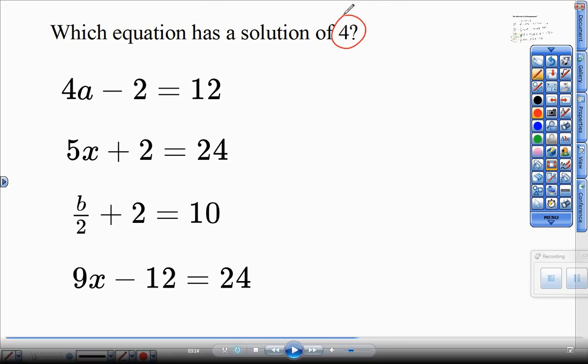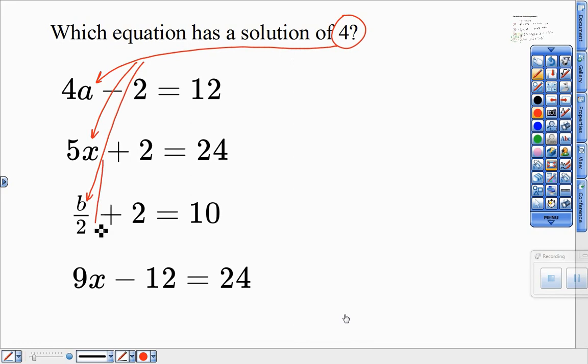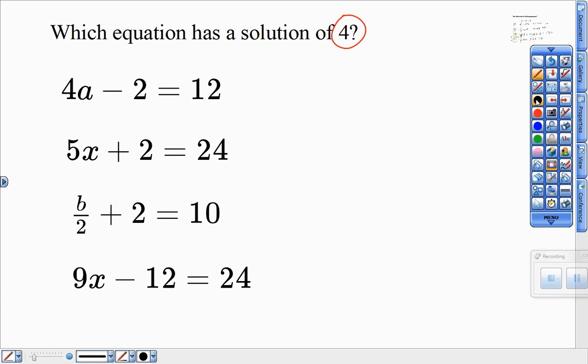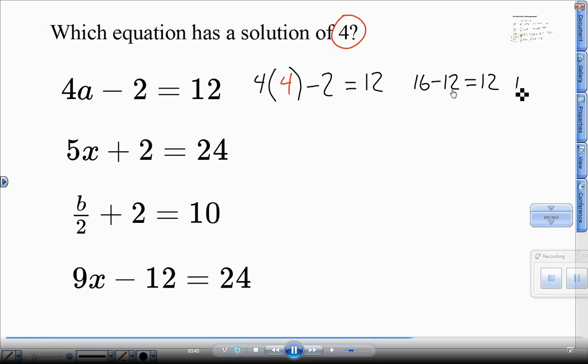Eat. Alright, so for this, I'm plugging that 4 into each of my variables for each equation, and I want to see which one gives me a true statement. So that first one, when I plug in 4 for that a, I get 4 times 4, which is 16, minus 2, and I'm going to see if that gives me 12. 16 minus 2, and that should be a 2 right there, not a 12. 16 minus 2 gives me 14.